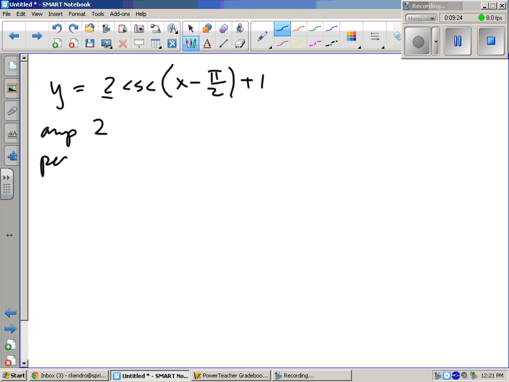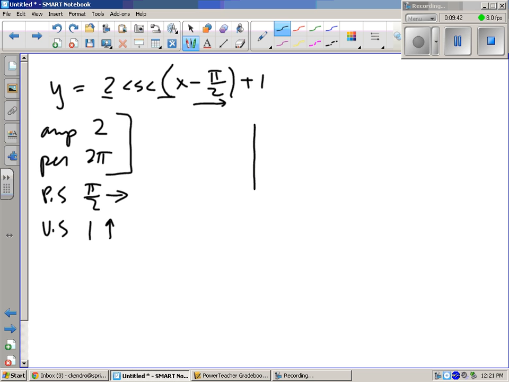The period, there is no b, so the period's still 2 pi. The phase shift, we're going to go to the right pi over 2. Make sure you tell me which way. And then the vertical shift would be 1 up. All right, so I'm going to do these two with one step. I don't recommend doing more than A and B together at once. It just gets a little confusing with all the lines and such.